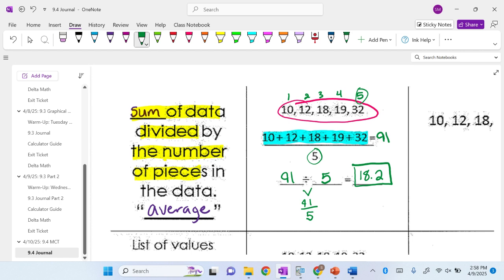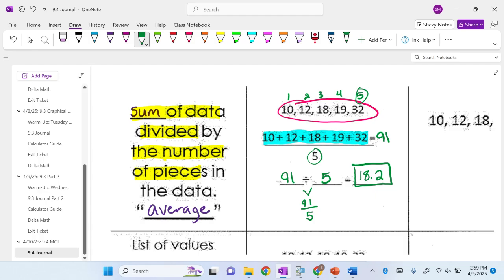But let's say that someone said 10 minutes, someone said 12, 18, 19, and 32. If we want to know the average time that people took to get ready in the morning based off of these data points, we would say about 18.2 minutes is the average time someone spends getting ready in the morning. So that's kind of putting what we just found into a real world context.